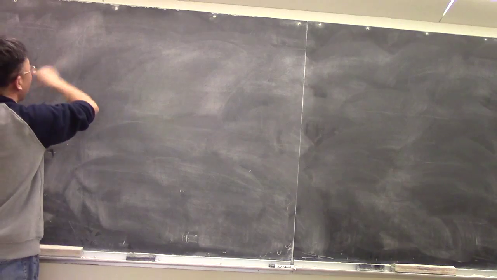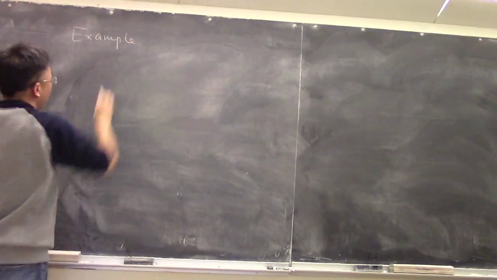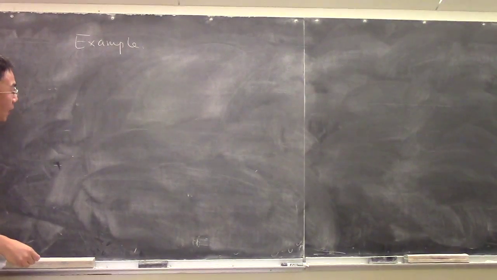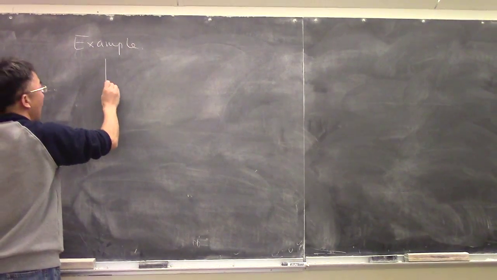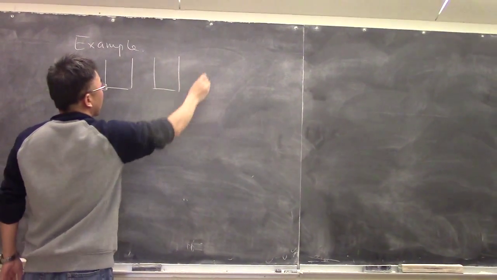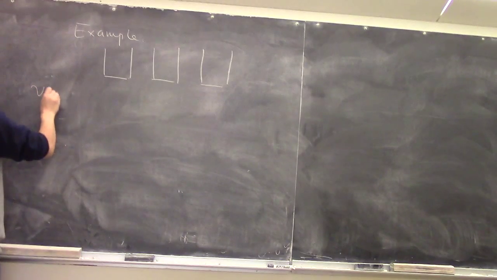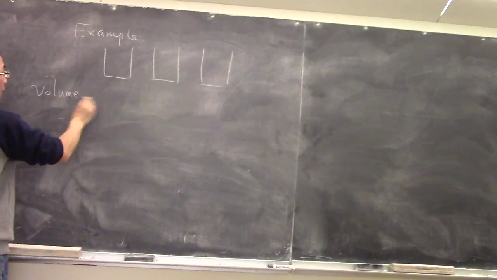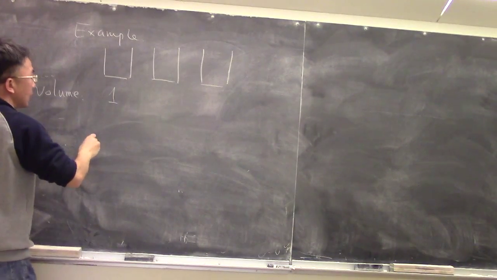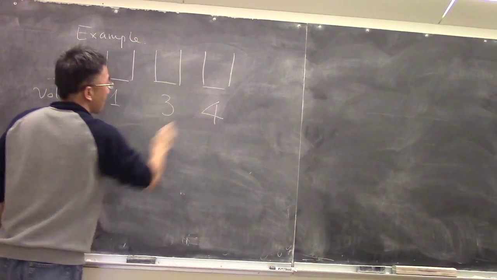We are going to look at an old example, which we have considered before. Suppose I have three bottles, and the volume of each bottle is different. Say this is a 1 liter, this is a 3 liter, and this is a 4 liter, right?